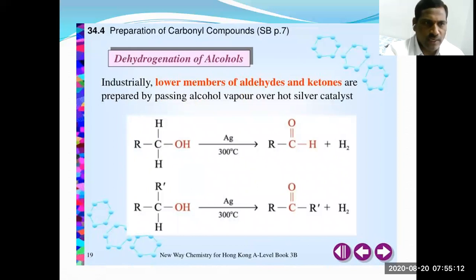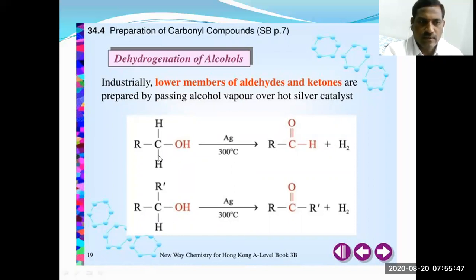So, preparation of carbonyl compounds: how to prepare aldehydes and ketones. The first method, dehydrogenation of alcohols. Industrially, lower aldehydes and ketones are prepared by this method, by passing alcohol vapor over a hot silver catalyst.